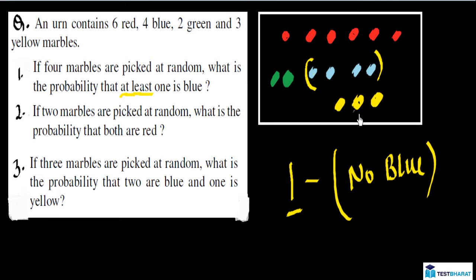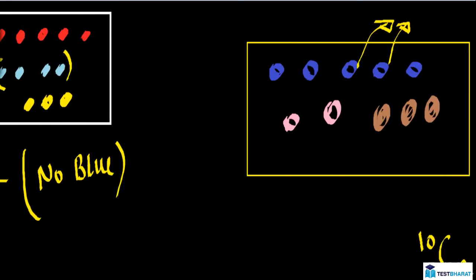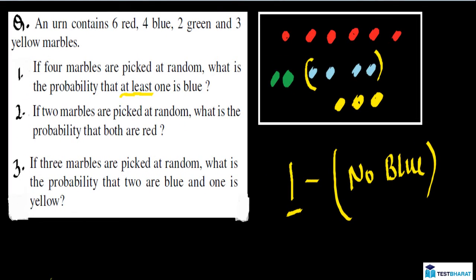If in the bucket there aren't any blue marbles, then how can I get blue marbles out of it? So 4 marbles are picked. Here 2 marbles were picked, so we used 5C2. Here the number of marbles is 6 plus 4 is 10, 10 plus 2 plus 3, that is 15. So the total number of marbles is 15.